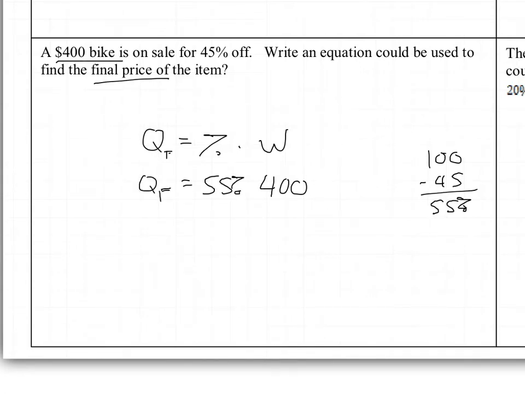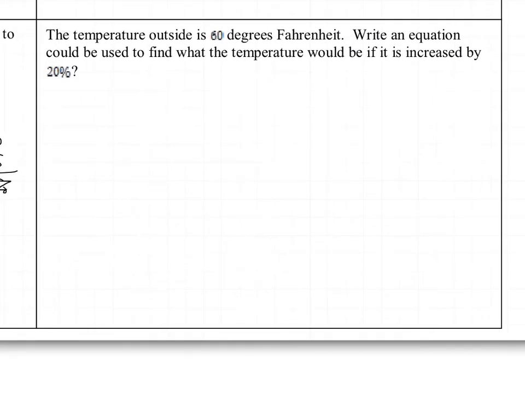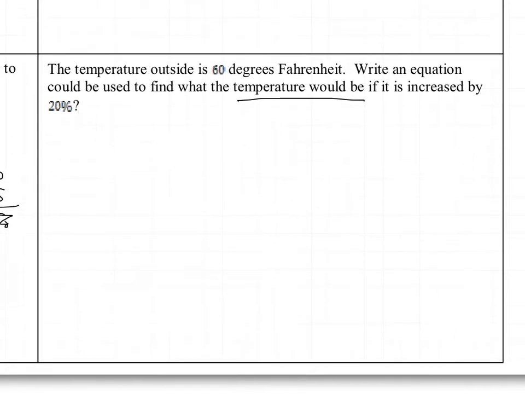All right. And finally, the temperature outside is 60 degrees. And the temperature is increasing, and we want to know what the temperature will be. Not just the change, but what the temperature will be. So this is a problem where we are looking for the final amount, not just the change. Times the whole.